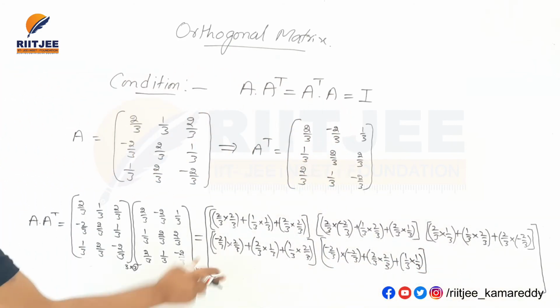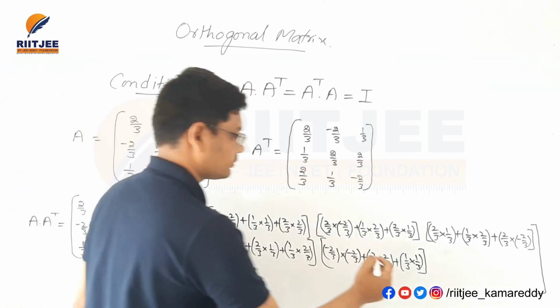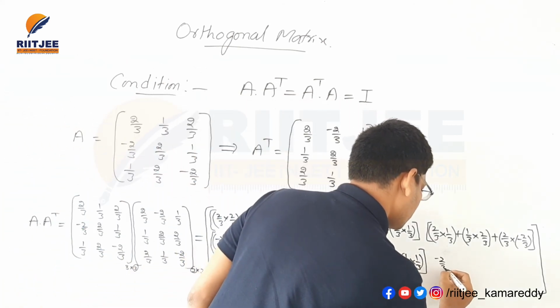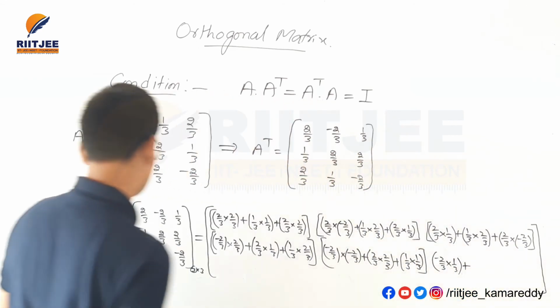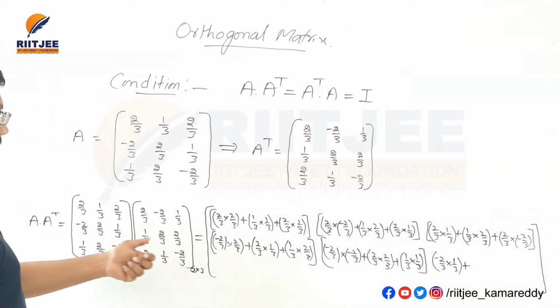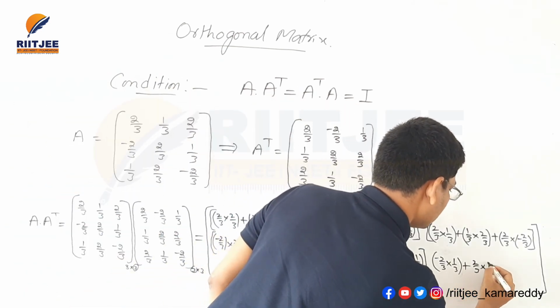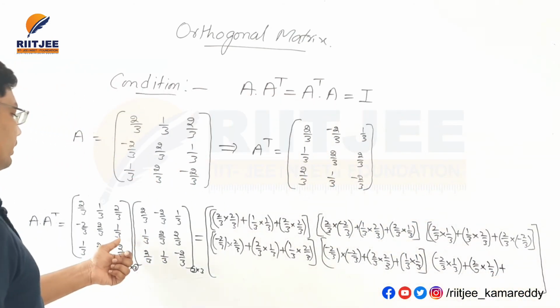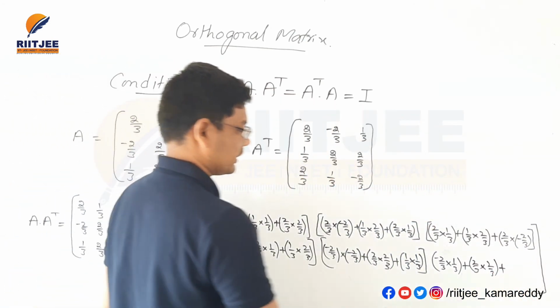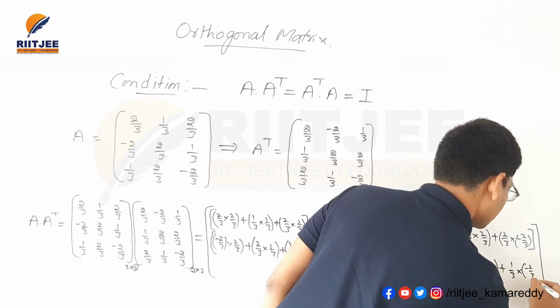Next, A23. Minus 2 by 3 into 1 by 3, plus 2 by 3 into 2 by 3, plus 1 by 3 into minus 2 by 3.